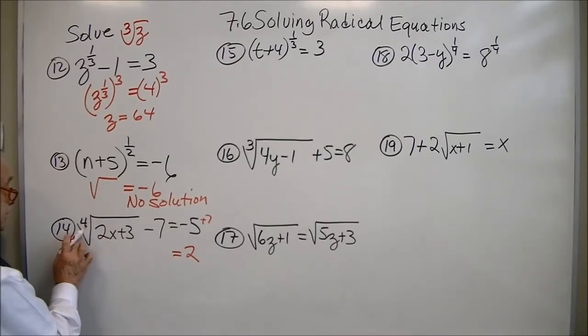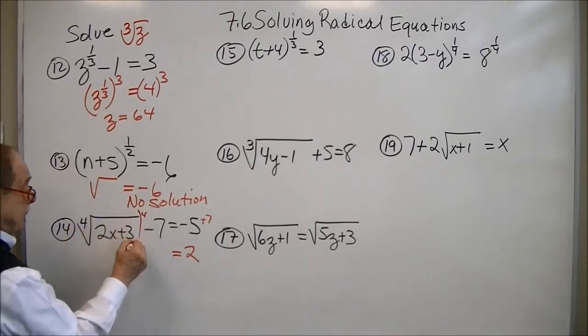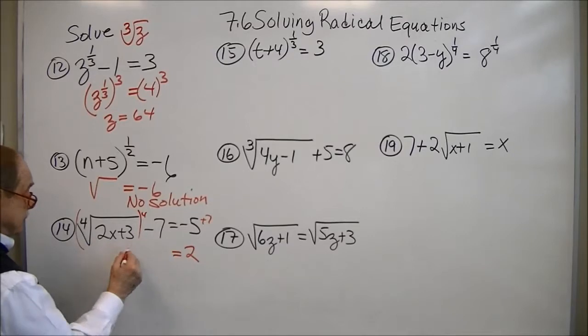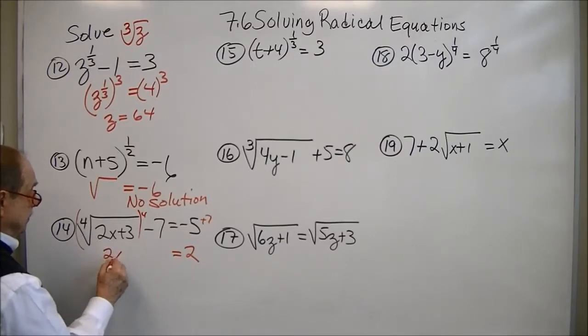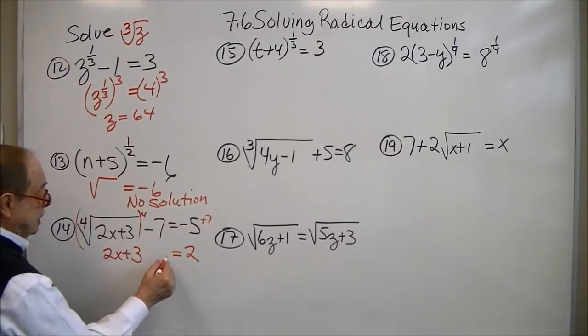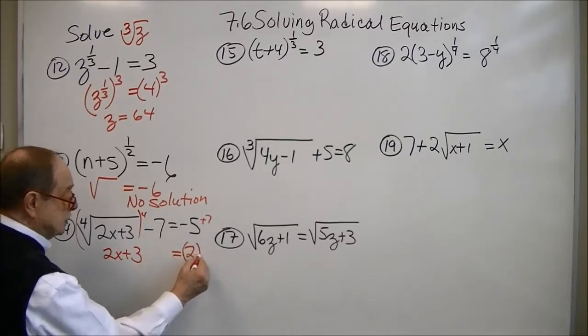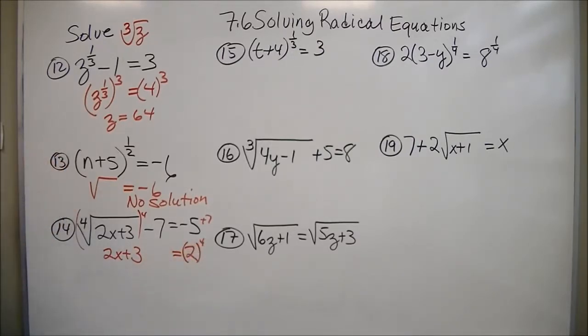And you're going to raise this to the 4th power. You just get the radicand. And now you're going to raise this 2 to the 4th power. And then you solve it. Again, I could solve it, but that's a skill you ought to have.